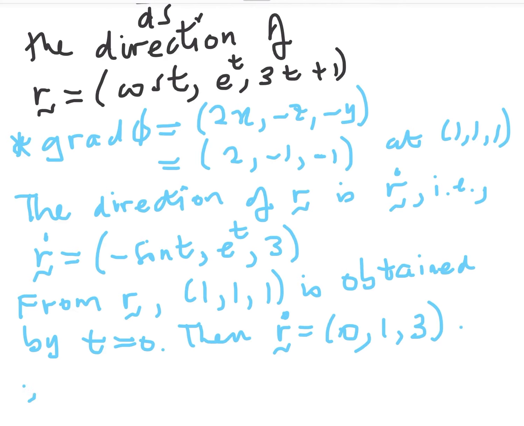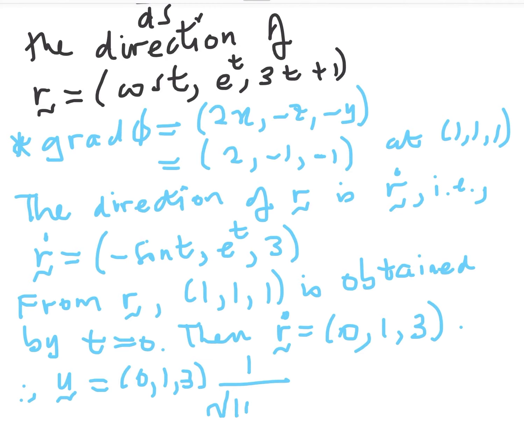Therefore, the vector u is going to be equal to this direction vector 0, 1, 3 divided by its magnitude. The magnitude of 0, 1, 3 is the square root of 0 squared plus 1 squared plus 3 squared.